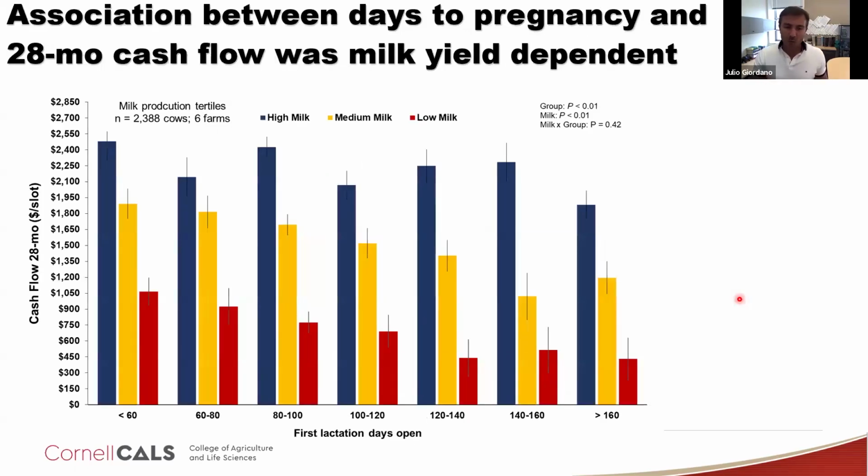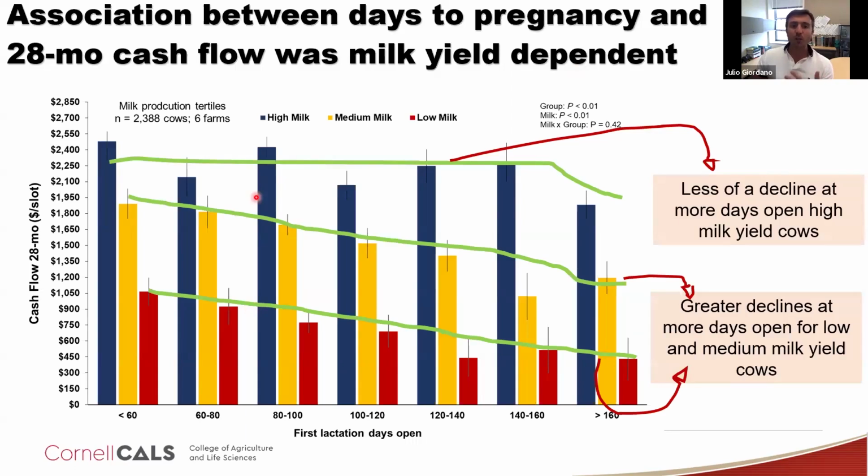But very interestingly, what we found is that there is an interaction. So there is an effect. And actually, I have a little bit of an issue here with what I have for p-values, but there is an interaction between milk production level and the effect of days open. The high producing cows, the top tertile, so the top 33% of the first lactation cows in the 6 farms, did not have a major decline in cash flow over 28 months as days open increase.